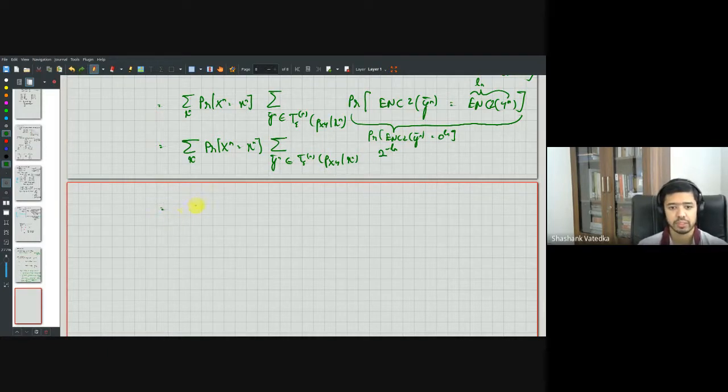So this is simply the summation over all possible xn of the probability of xn times 2 to the minus ln times the size of the conditional typical set, T epsilon n of Pxy given xn. But we have an upper bound on the size of the conditional typical set.